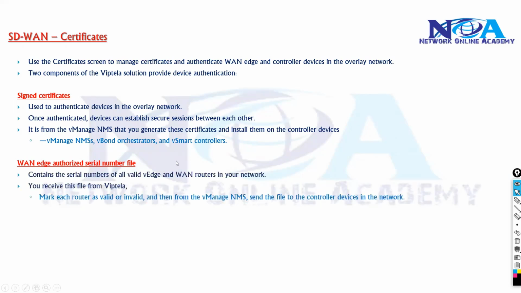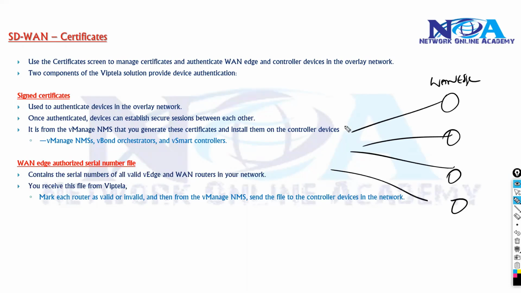Later on, once we add the WAN edge devices, so we'll be adding our WAN devices, vEdge devices, and these vEdge devices need to be a part of the network. Now, in order to add these devices, we'll be using a little bit different way. We'll be using some kind of serial file, and this serial file will include some kind of token and the serial number, which is issued from Cisco Viptela, which is a kind of unique code.